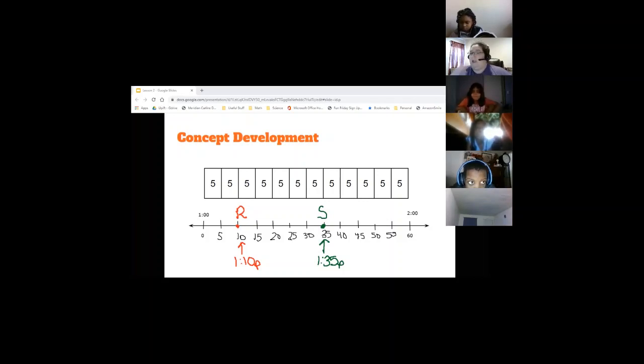Okay? How are we going to find out the time between recess and science? If I asked you, what amount of time has passed between point R and point S? What are we going to skip count by?